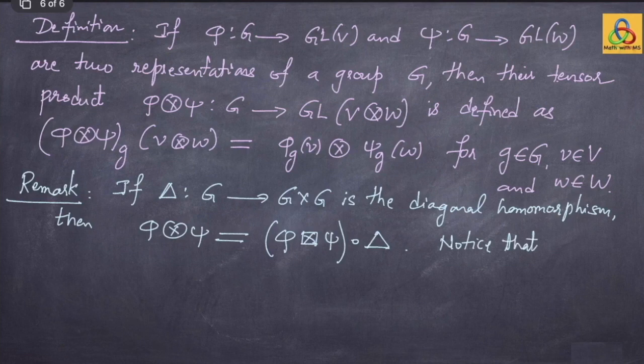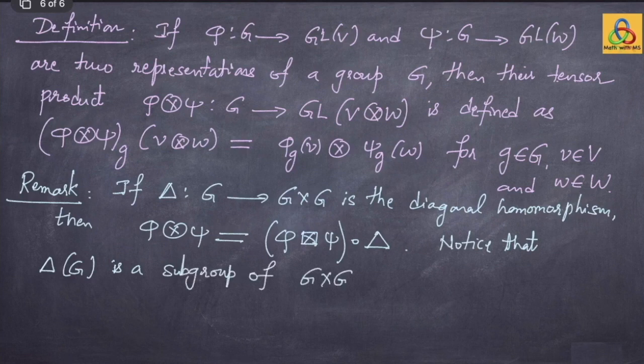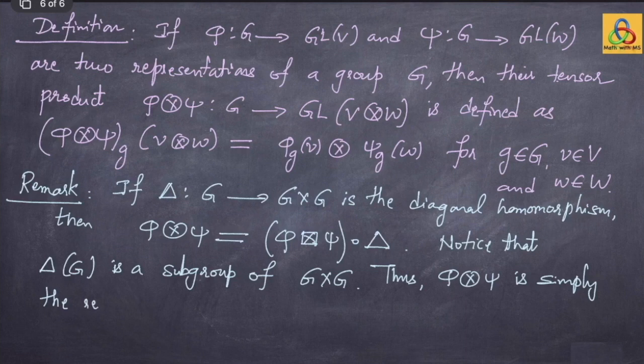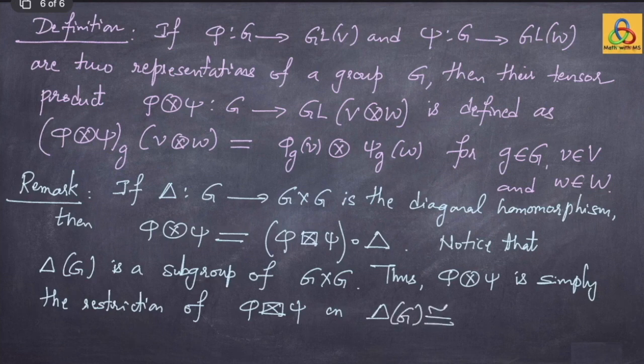Notice that delta of G, the image of G under delta, is a subgroup of the direct product G cross G. Therefore, phi tensor psi can also be thought of as the restriction of the exterior tensor product phi exterior tensor psi to delta of G, which is isomorphic to G.